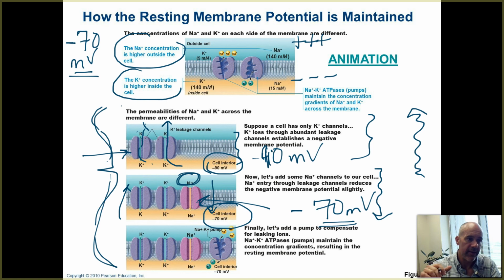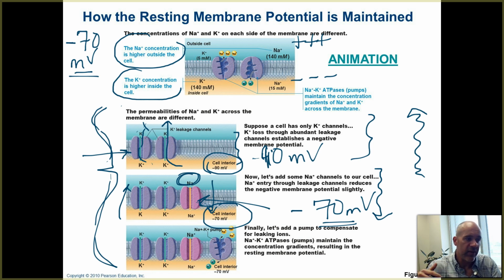So instead of being way back down there at minus 90, that's going to allow us to come back up to minus 70. All right, so just having those two types of channels, those are called leak channels, which they'll talk about in this animation when you watch that on Blackboard. Those help maintain this proper voltage.